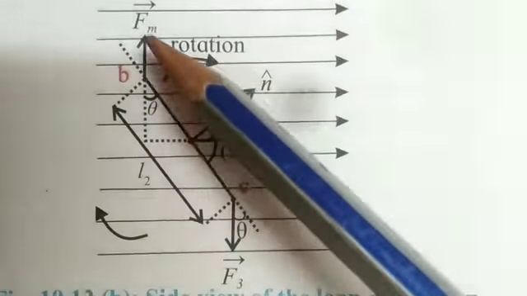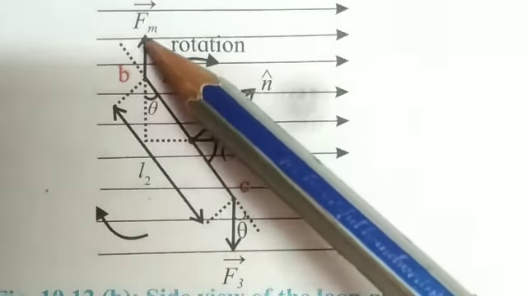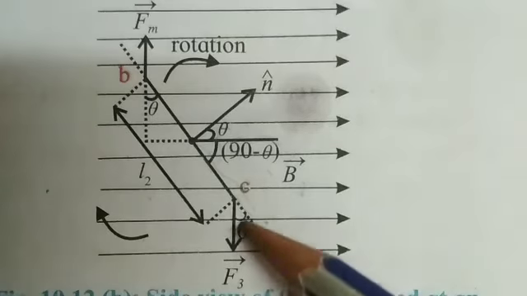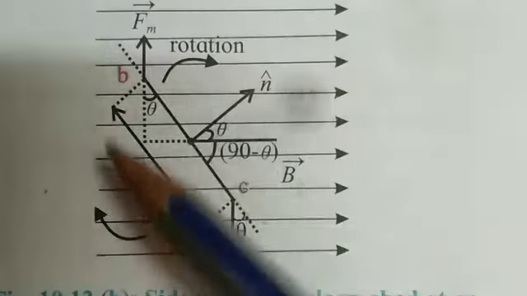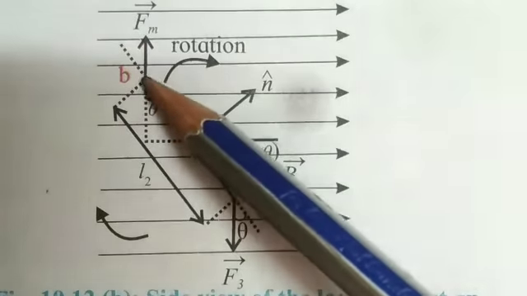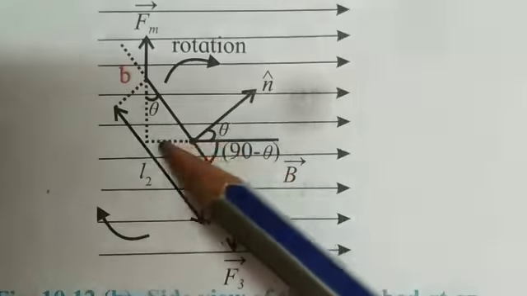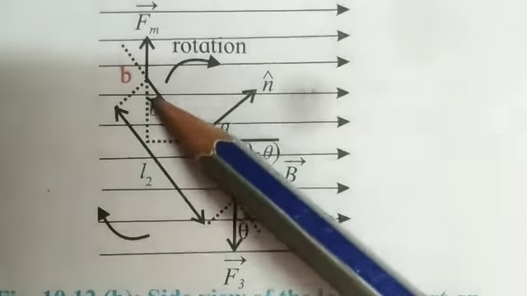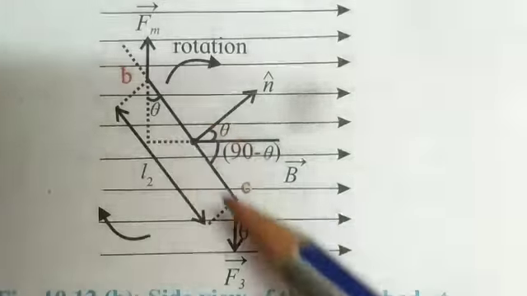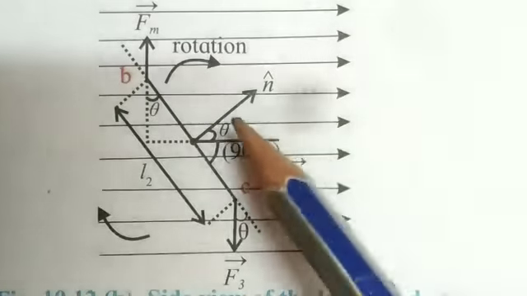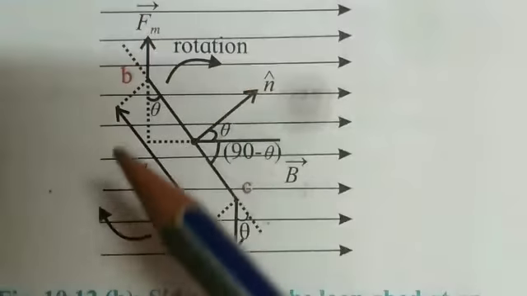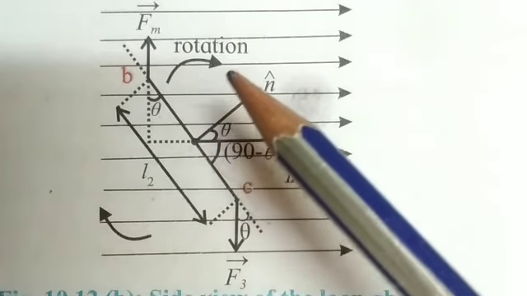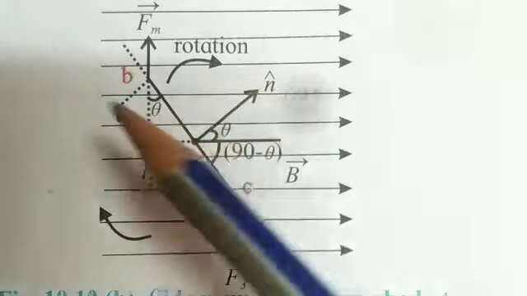Similarly, you can see here, this is another magnetic force, and this is another force, so that it can rotate like this. If we join these two, again it is going to make an angle theta. So this is all regarding the side view of the loop ABCD at an angle theta. You can see the thetas here.